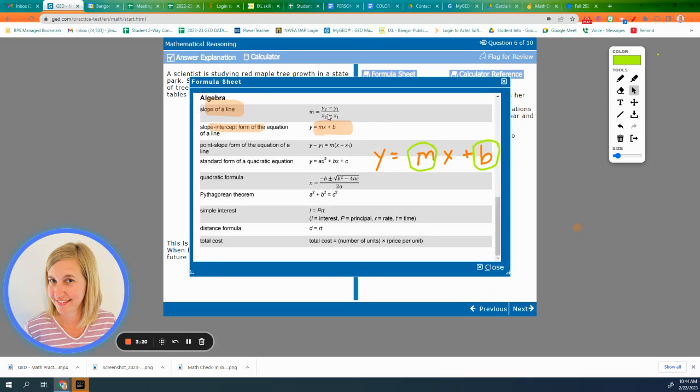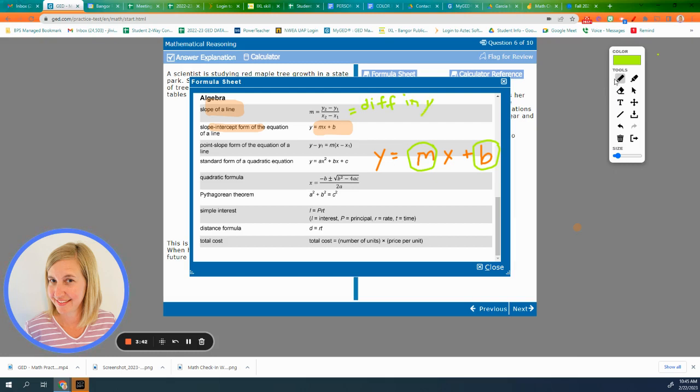They have slope of a line up here, and the equation says m equals y2 minus y1 over x2 minus x1. And what that really means is y2 minus y1 is the difference in y values between any 2 points on the line. So you can choose any 2 points.